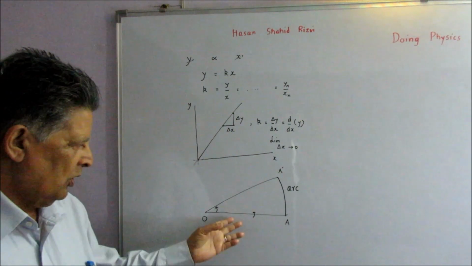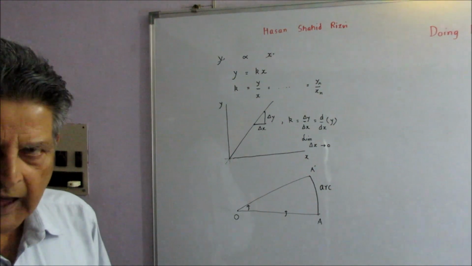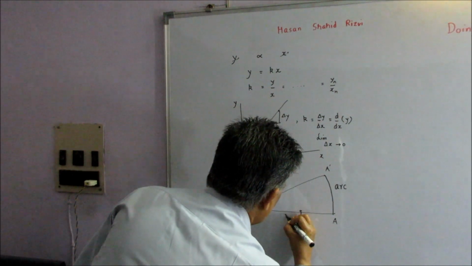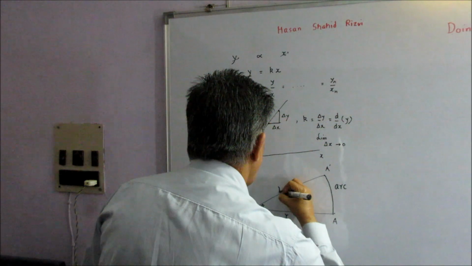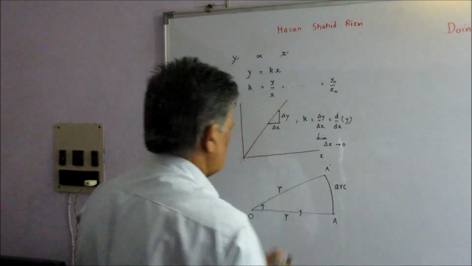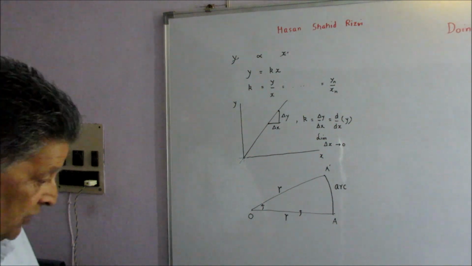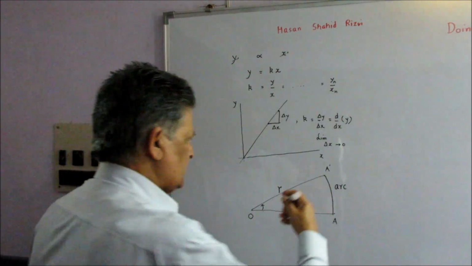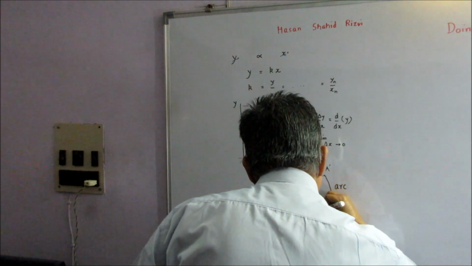Now we know that this line OA or OA dash is, as we know, and in English we call it radius. The radius is the same in a circle, but if I have a smaller radius, the arc will become smaller.